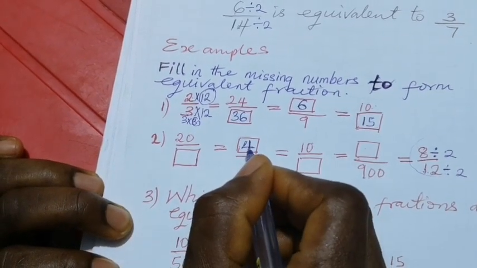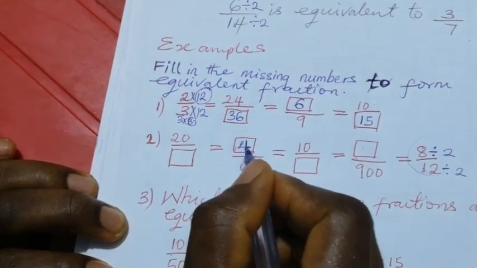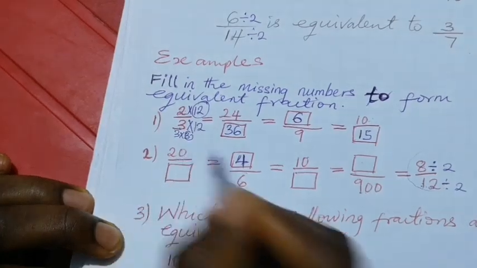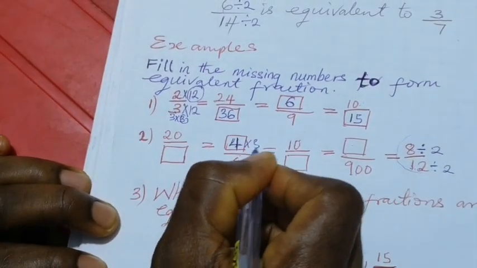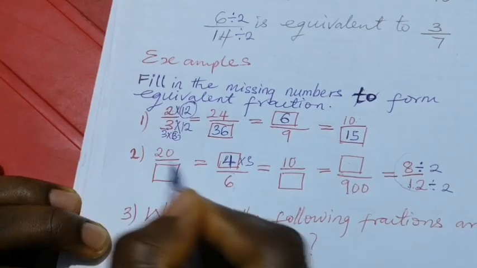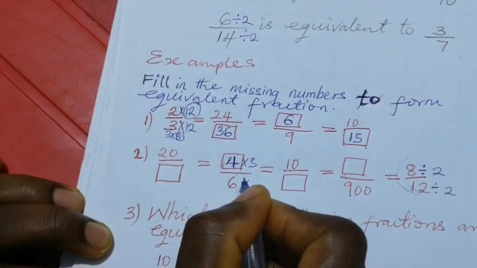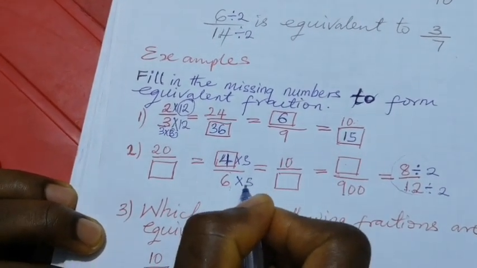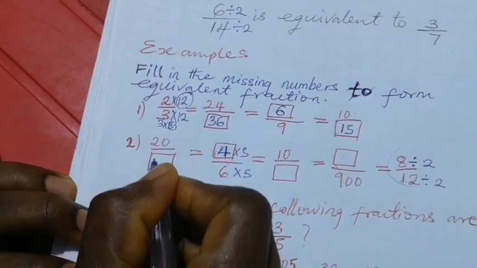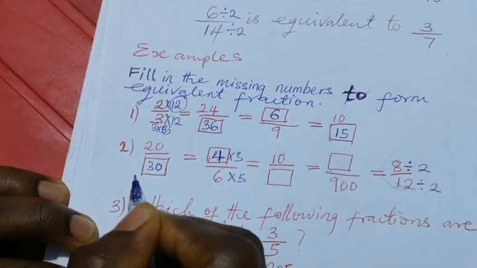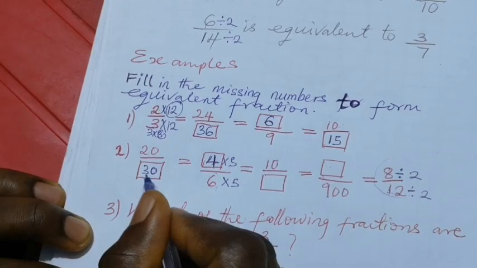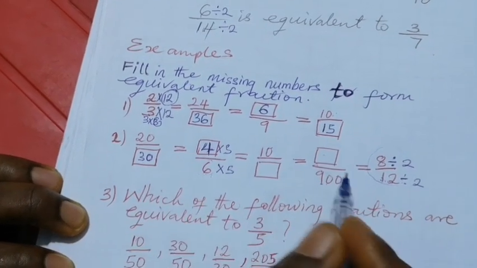Or 4 divided by what will give me 20? Now, 4 times 5 is 20. Then the same 5, I will use it and multiply the denominator so that I will get 30 here. Okay?